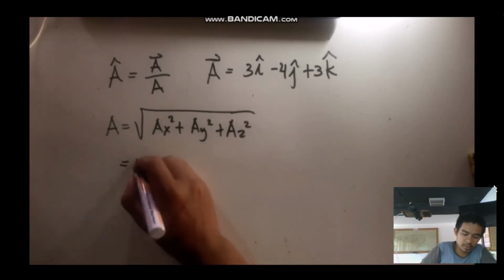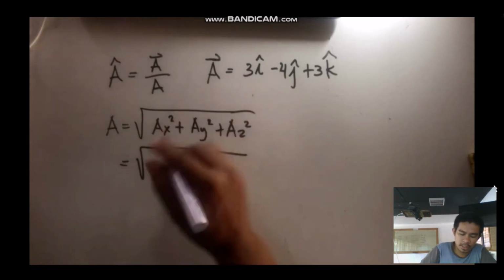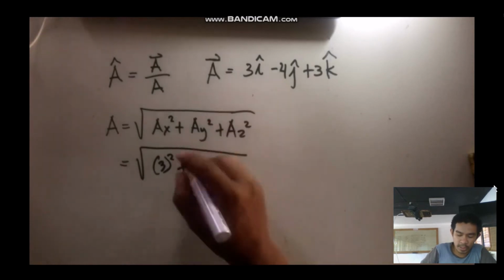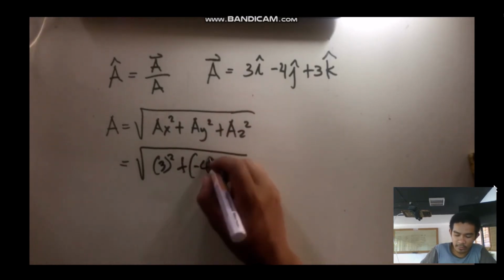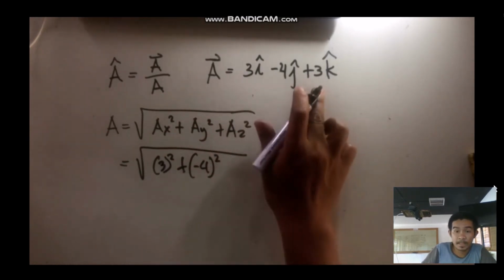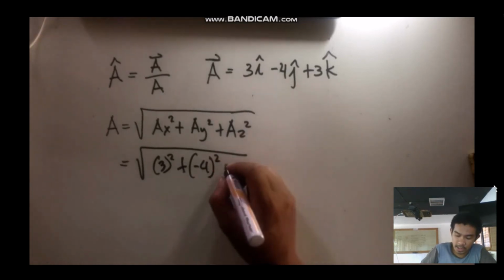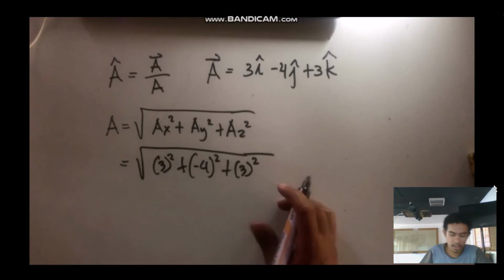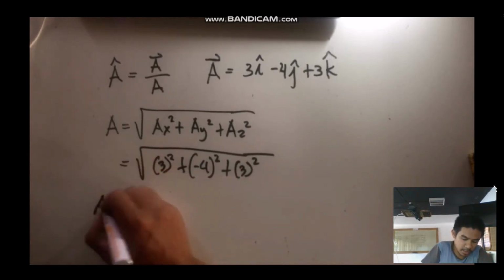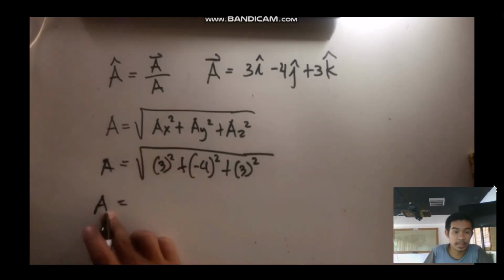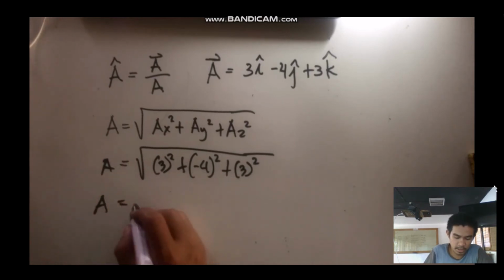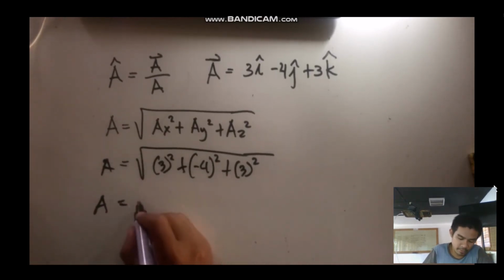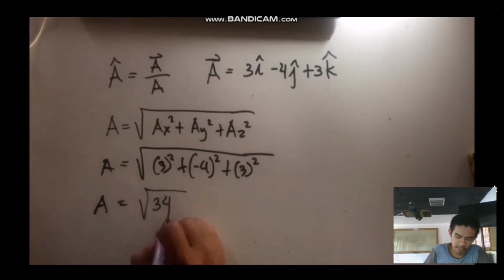So we have the square root of 3 squared, plus the y component, negative 4 squared, plus the z component, 3 squared. So the magnitude of vector A is 9 plus 16, 25, plus 9, that's 34. So you have the square root of 34.